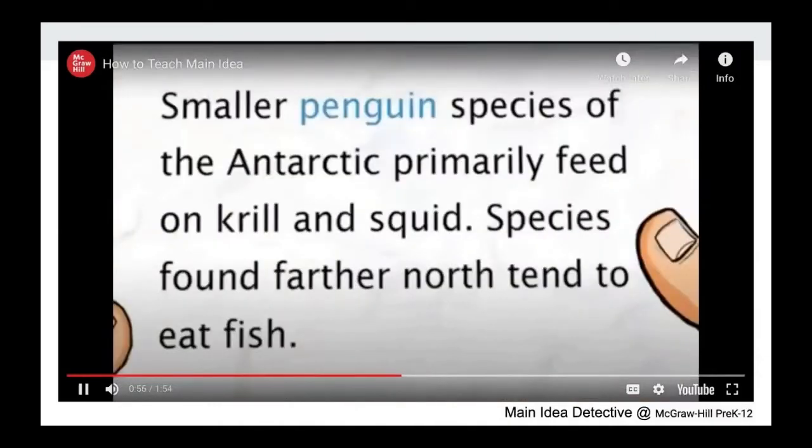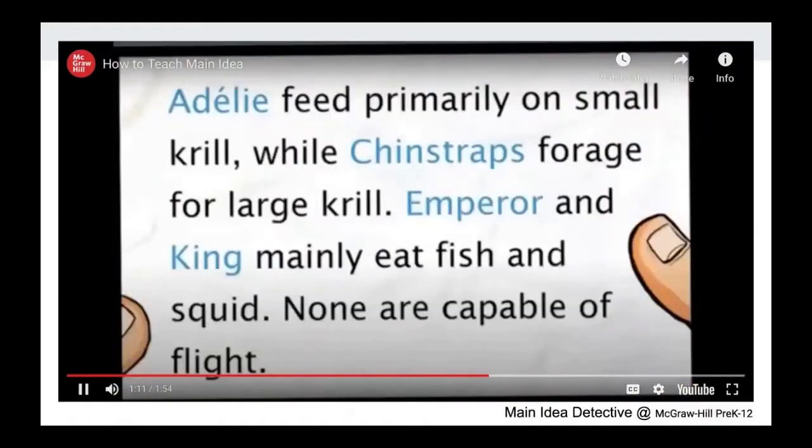It looks like it's about penguins. We'll check the details to see if that's the main topic. Smaller penguin species of the Antarctic primarily feed on krill and squid. Species found farther north tend to eat fish. Adelie feed primarily on small krill, while chinstraps forage for large krill. Emperor and king mainly eat fish and squid.